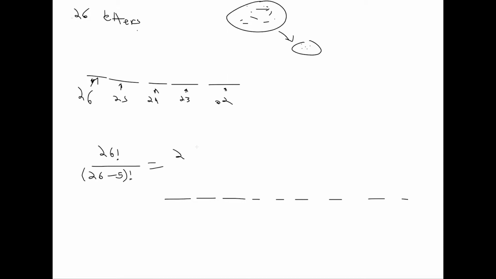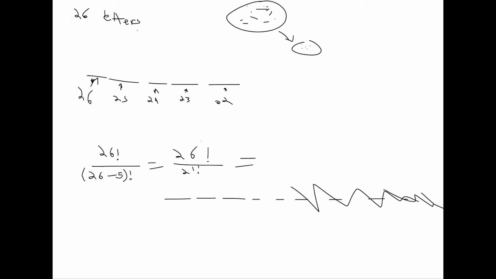That's the same thing as 21 factorial. So by dividing it by 21 factorial, we're basically just getting rid of all of these excess positions. And so now that's the same thing as 26 times 25 times 24 times 23 times 22.